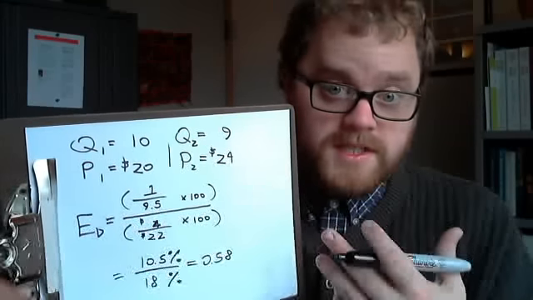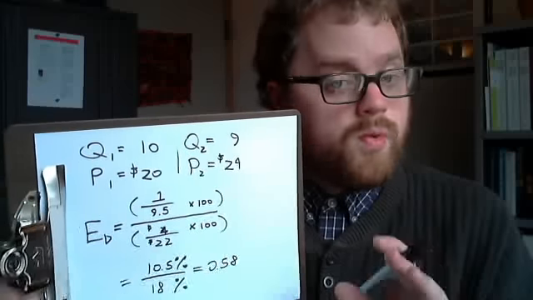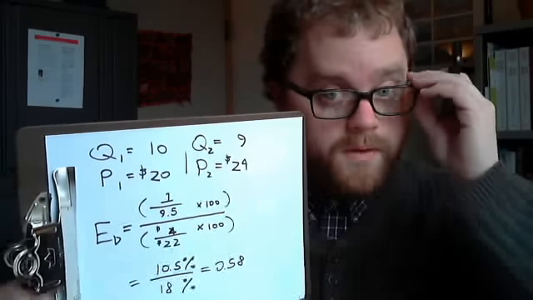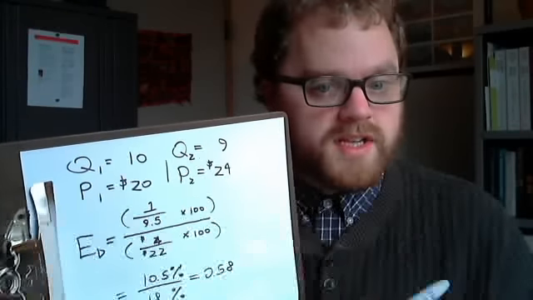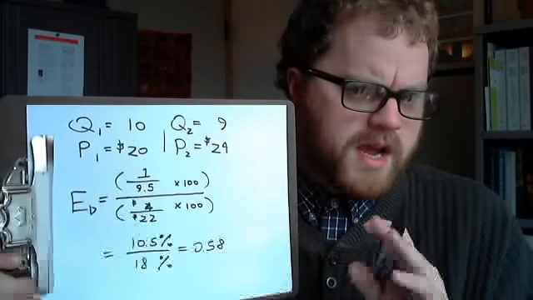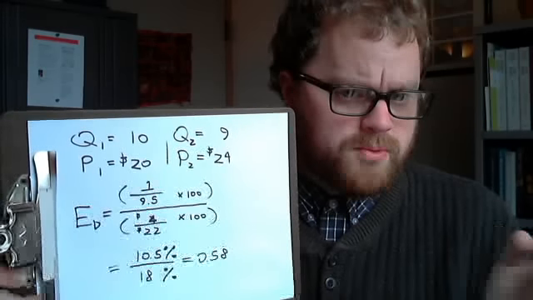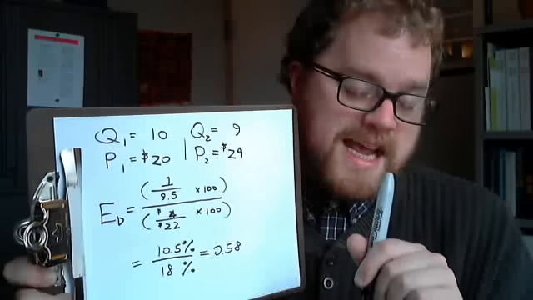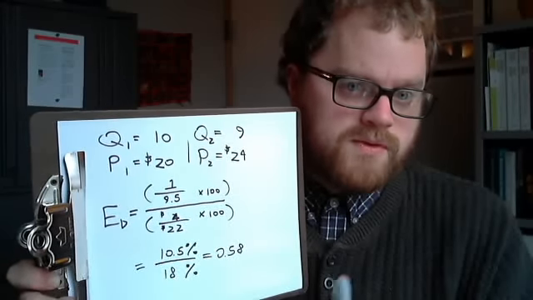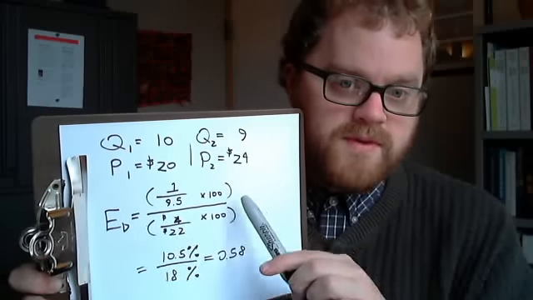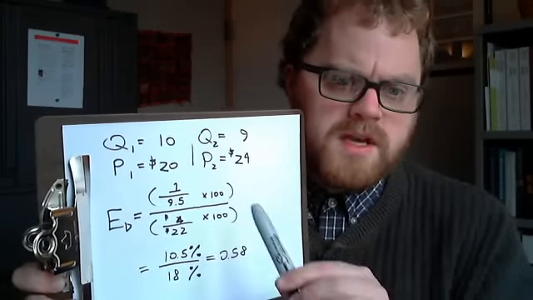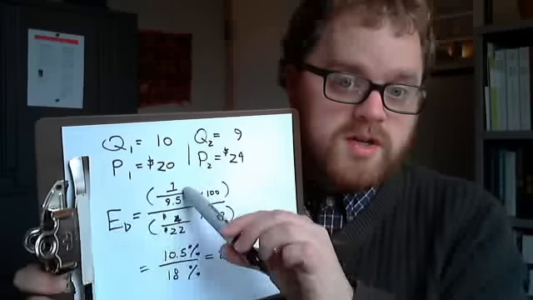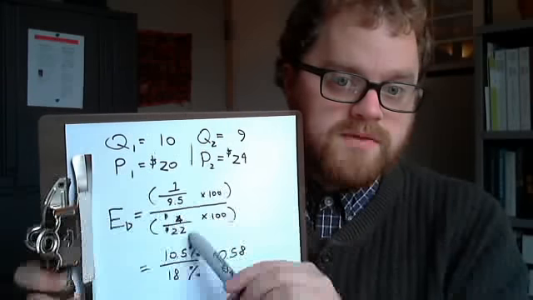Now, what's the significance of this elasticity value? Well, you read about this quite a bit in your Krugman book, but the short version is elasticity tells you how responsive consumers are to changes in price. The big division between flexible and inflexible is at 1. If you get a price elasticity of demand value higher than 1, it means you've got a larger proportionate change in quantity relative to price.